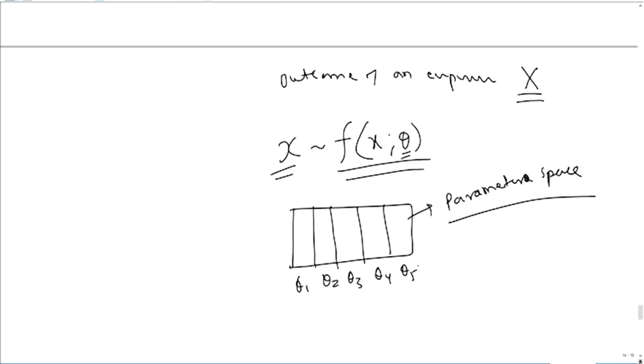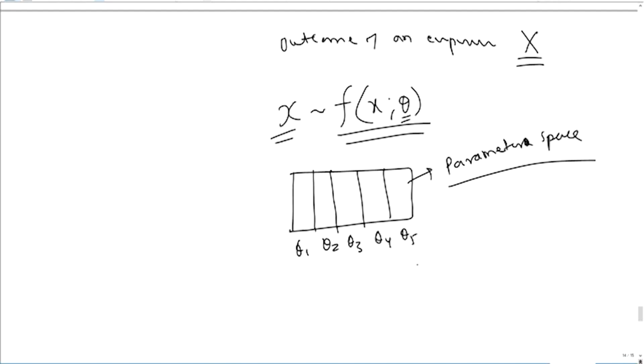So these would be mutually exclusive and exhaustive events. If you think about each theta value as an elementary event, they are mutually exclusive and exhaustive because they do not have any common element.